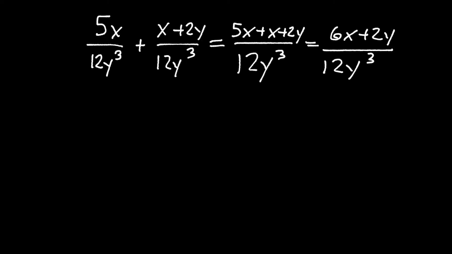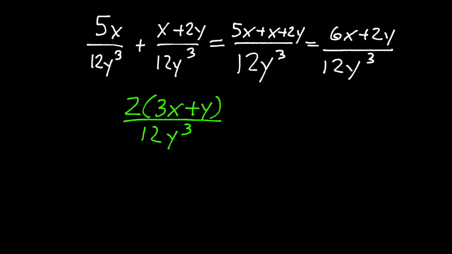And we have successfully added these rational expressions together. Now we need to try and simplify them. To do that, we need to factor anything out of the top that we can, and then see if we can factor that same part out of the bottom. So if I'm looking at the numerator, 6x plus 2y, I know that I can factor out of both the 6 and the 2, a 2. So I'm going to rewrite this as 2 times 3x plus y all over 12y to the third.